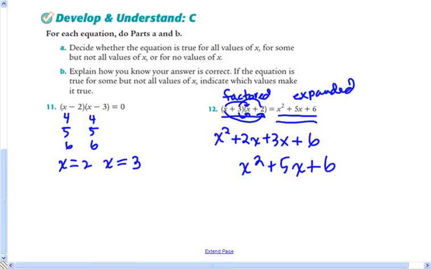And notice that is exactly the same as the other expression, which means no matter what number I put in for x, these two are going to equal each other. So it's true for all values of x, because both expressions really represent the same thing.